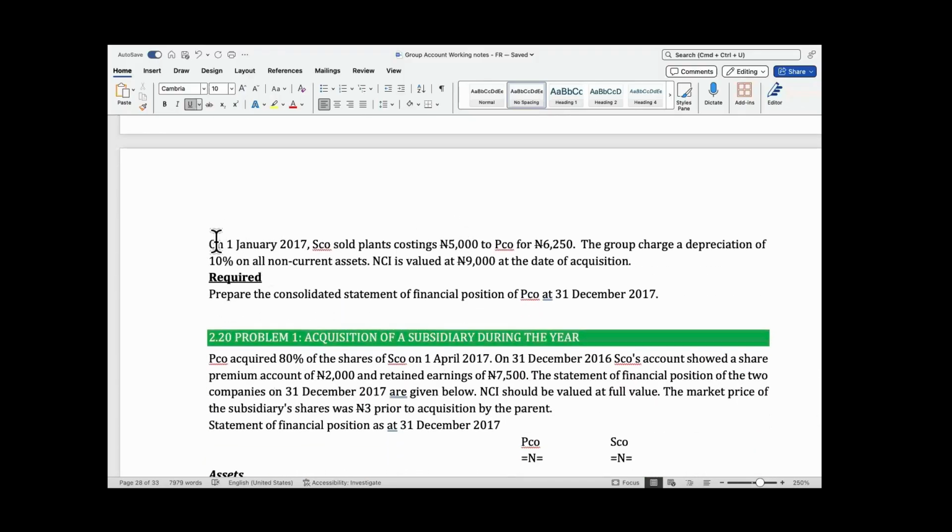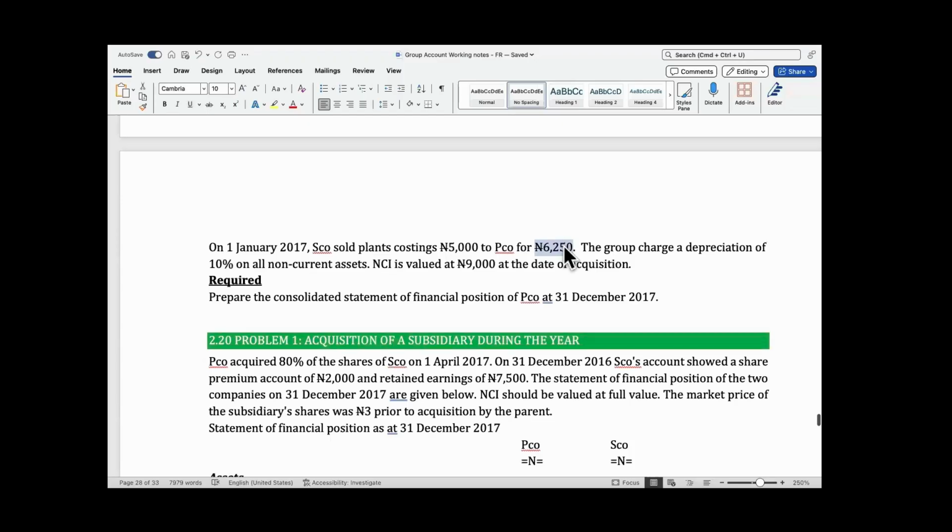We're told that on 4 January 2017, ESCO sold plant costing 5,000 to PICO for 6,250. The group charged depreciation of 10% on all non-current assets, and NCI is valued at 9,000 at the date of acquisition. Prepare the consolidated statement of financial position of PICO at 31 December 2017.